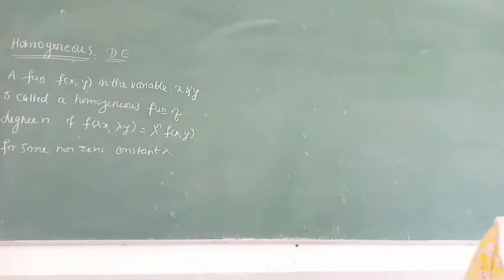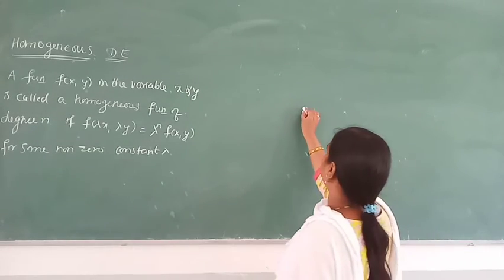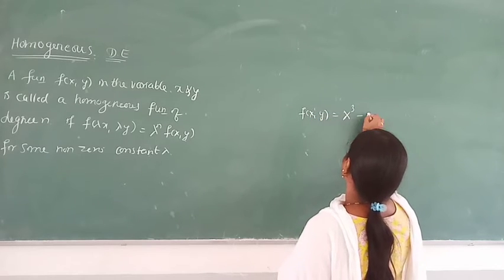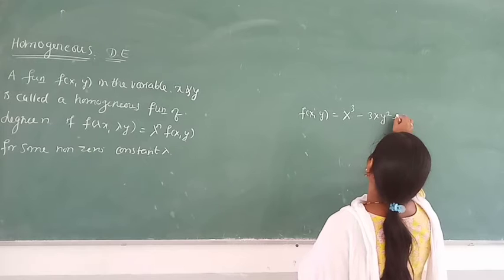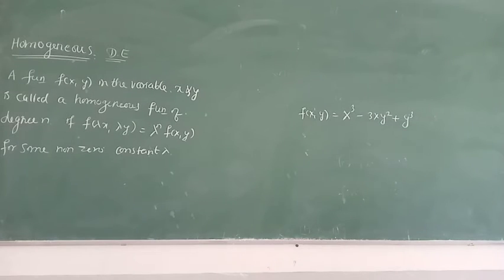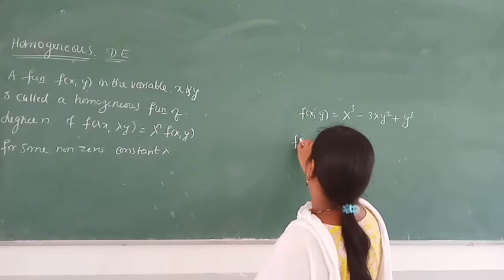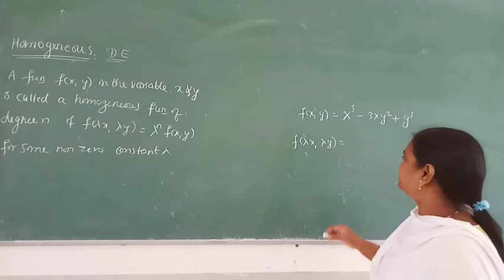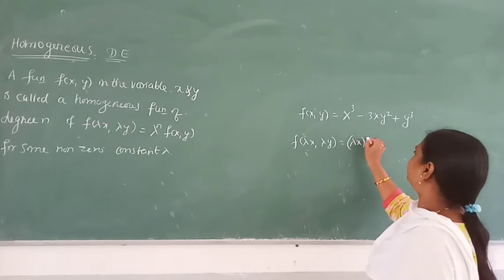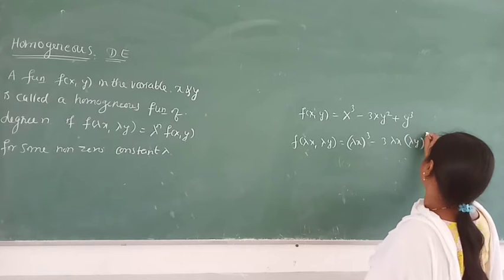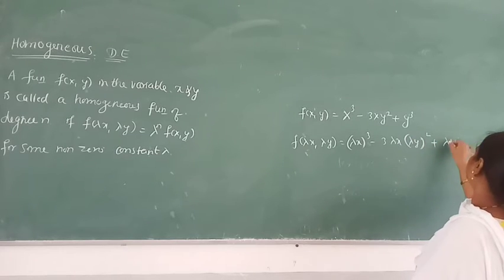For that, consider the function f of xy, that is x cube minus 3xy square plus y cube. Okay. Replace x as lambda x, y as lambda y, that is in the form of f of lambda x comma lambda y. We get lambda x the cube minus 3 lambda x lambda y the square plus lambda y the cube.